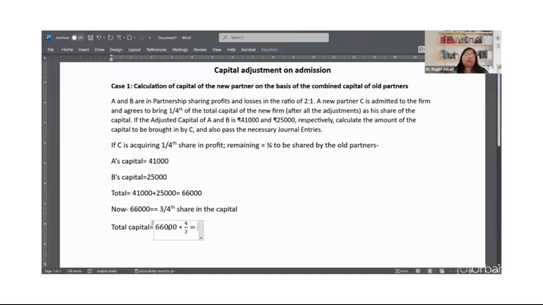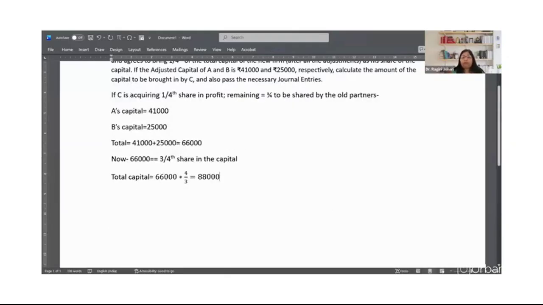So this becomes 22,000 multiplied by 4, that is 88,000. So 88,000 becomes the total capital of the firm as per the capital contributed by the old partners. From this capital, we can calculate the new partner's capital.